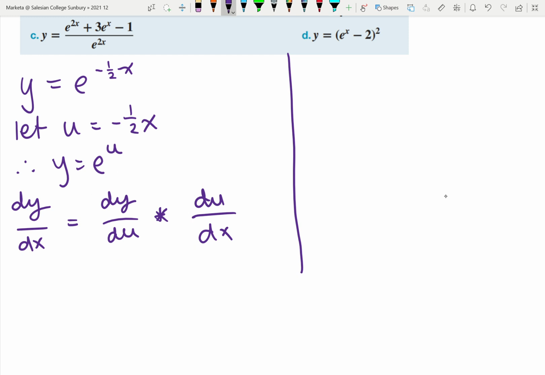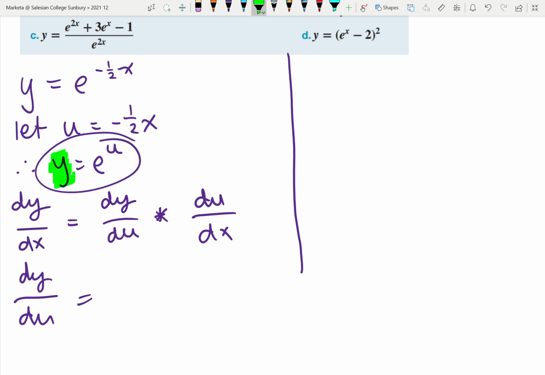So I'm going to start with dy over du. We always read it as the derivative of y with respect to u. And now we can say, e to the x is its own derivative, so e to the u is its own derivative.